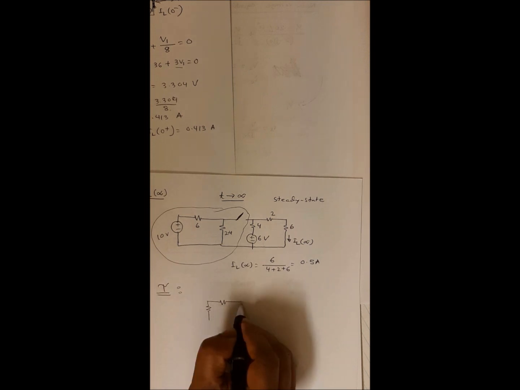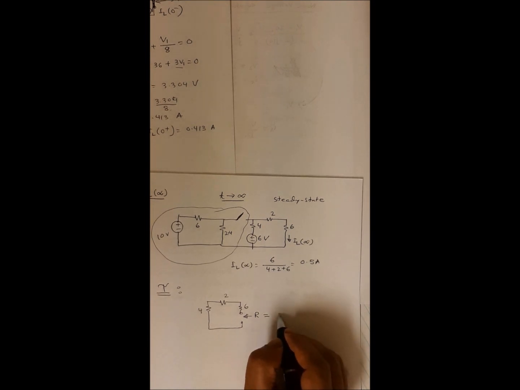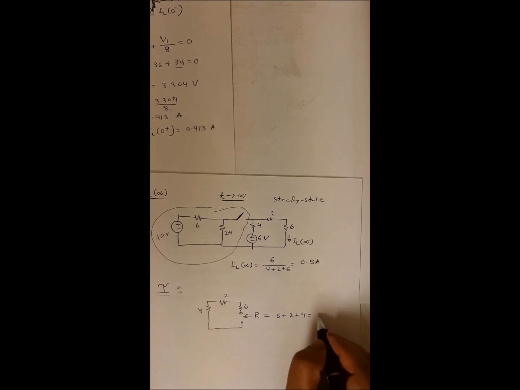If I eliminate the voltage by a short circuit, you'll see at the loop from the inductor, that will be the R. So R is 6 plus 2 plus 4, 12 ohms. Now tau will be L over R, and L is 5, R is 12.